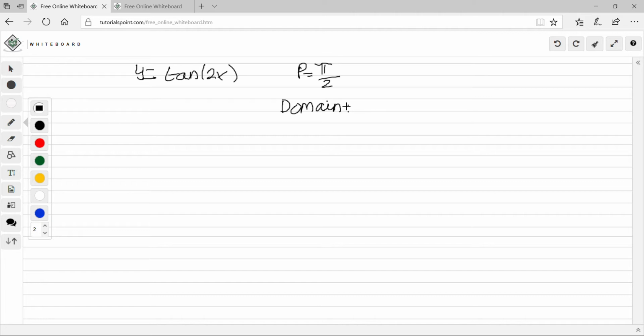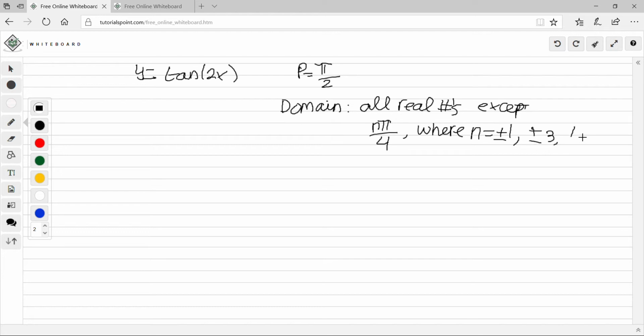So the domain was all real numbers except n pi over 4, because that's undefined, where n equals plus or minus 1, plus or minus 3, plus or minus 5.